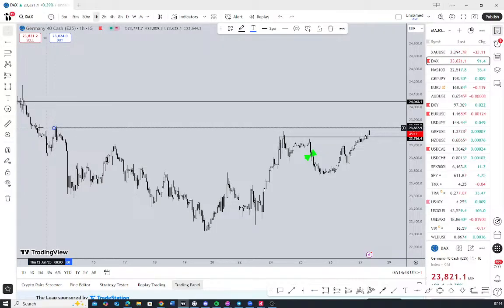Okay, we've got a bit of an issue here, Gandalf. Even though I'm happy with the DAX, I wouldn't take it just on this structure here. So yeah, I'd sit tight on the DAX.